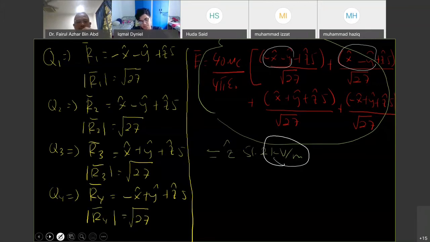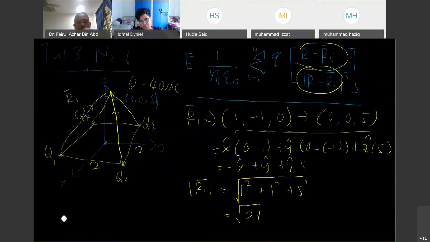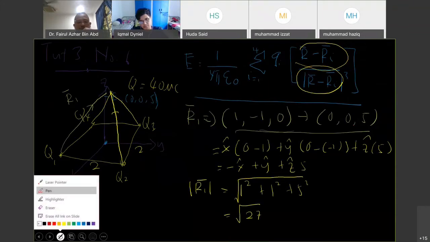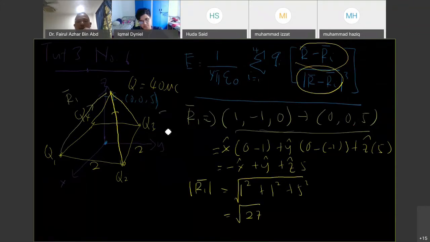Because of this kind of setting, each charge is located in a symmetrical position, so of course some of the components will be eliminated.